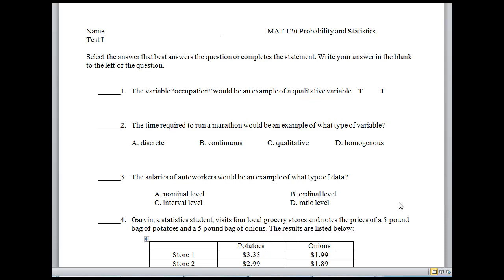Carrie Barton. The time required to run a marathon would be an example of what type of variable? Discrete, continuous, qualitative, homogeneous. Okay, continuous. Excellent. We say that a continuous variable is one that typically does what?